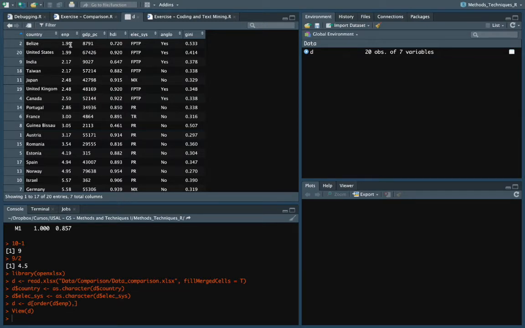So we can see here that most of the systems with 2.5 parties or less are first past the post systems, and most of them are also Anglo-Saxon, colonies, former colonies, or the United Kingdom itself. There's just one exception here, that is Japan.